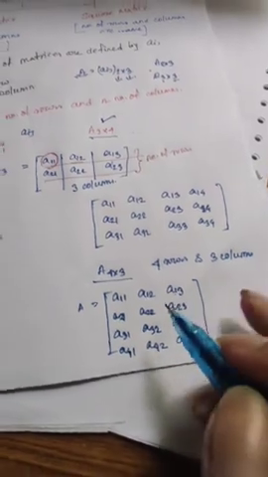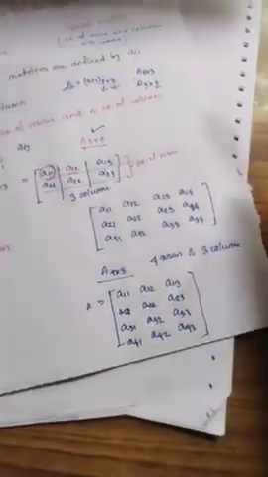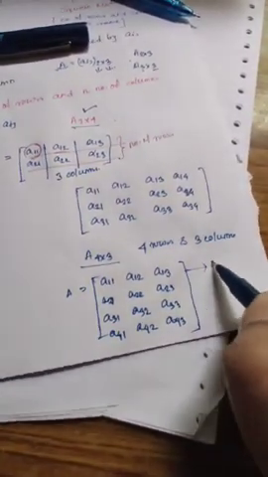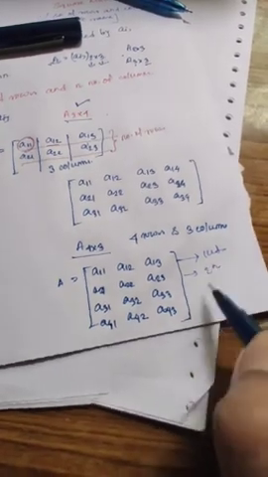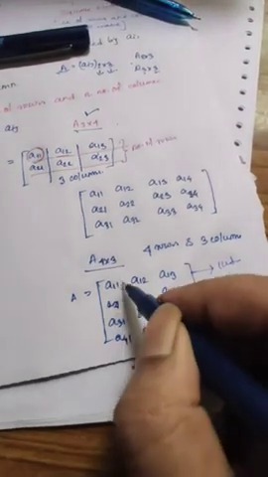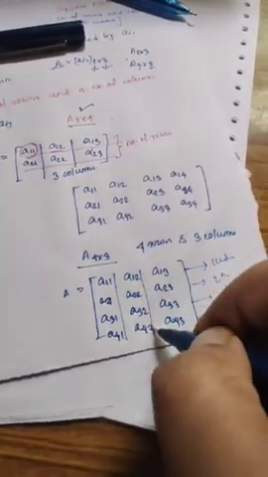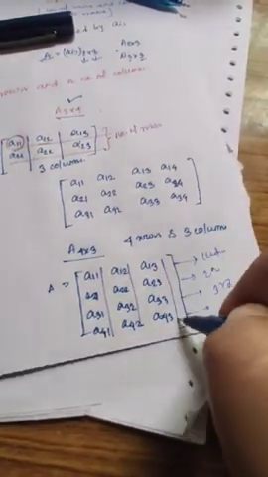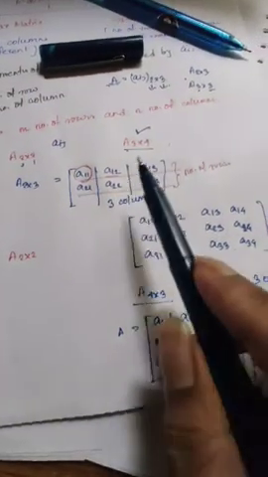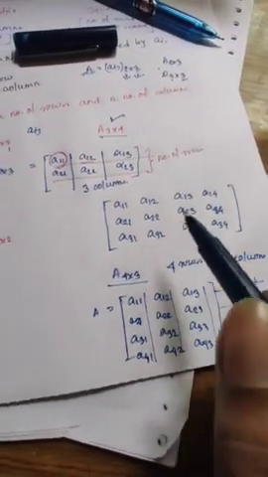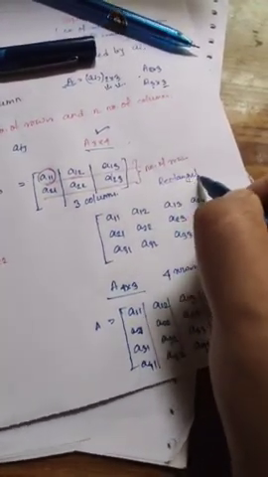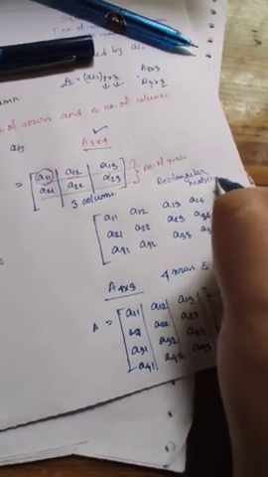This is the first row, second row, third row and fourth row, and this is the first column, second column and third column. I hope you understand. Here the number of rows and columns are different, so these are known as rectangular matrices.